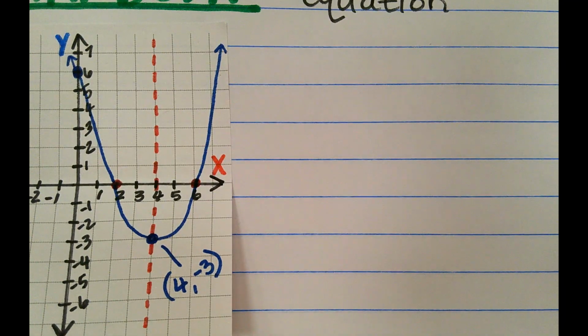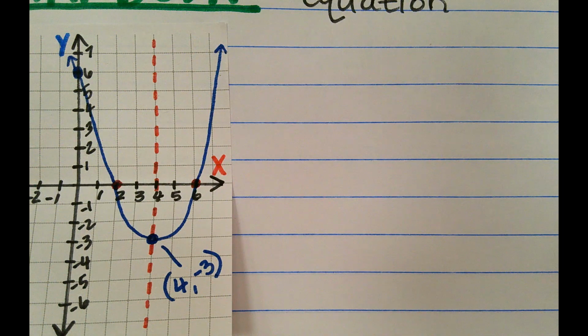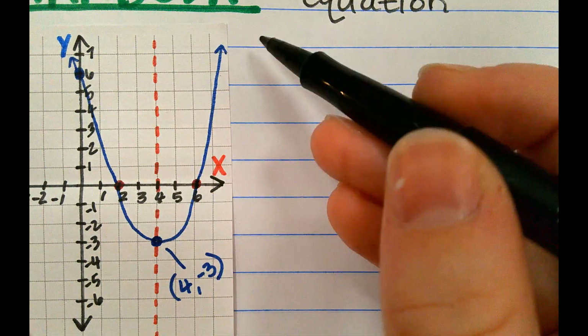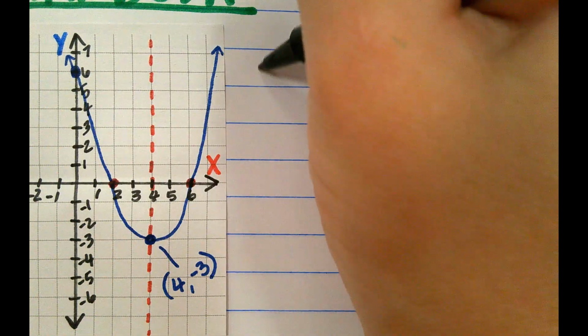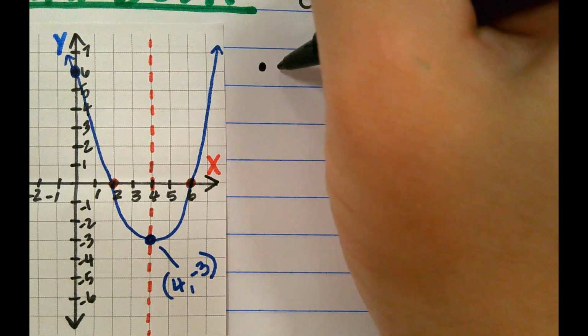And then what we're going to do now is write a little key of things to identify features of this parabola. So the very first thing that we always look at is direction.